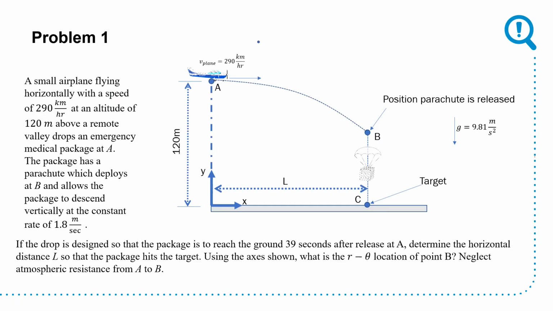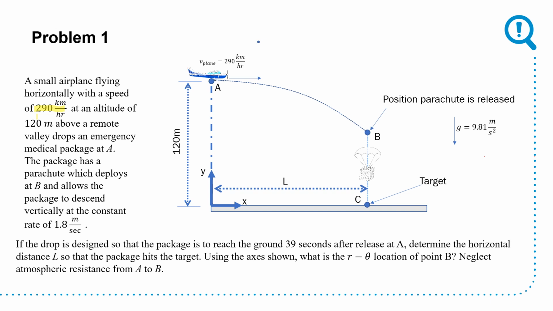So you have a small airplane that's flying horizontally with a speed of 290 kilometers an hour. You have to expect that at this point, we're going to be expecting you to convert that to meters per second. Usually we'll look at something like that.